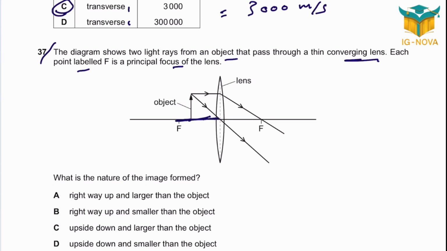The image formed in this case, the rays cannot meet there. There is a diverging here. The only possible meeting point for these rays is on the same side, a virtual image. It's the right way up and larger than the object. Option A. We solve it out like that.